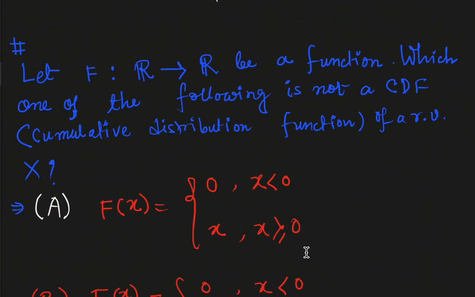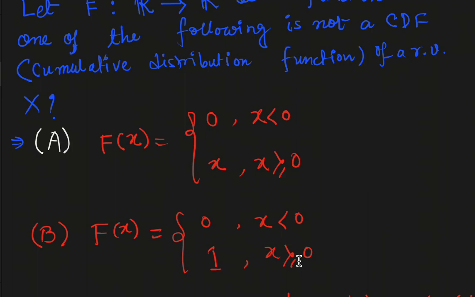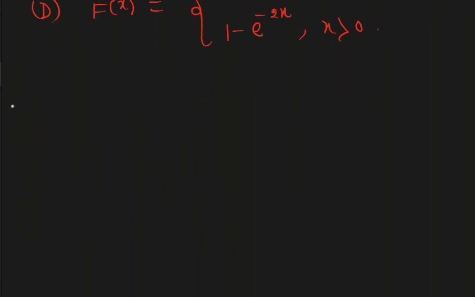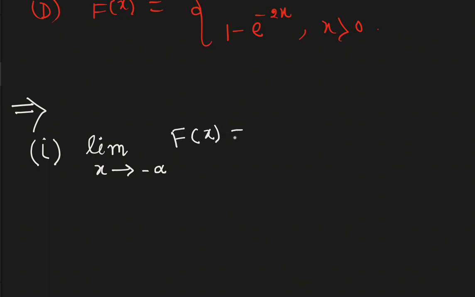So we have to choose the answer which is not a cumulative distribution function, right? So let me first write here what the properties of the cumulative function are. There are 4 properties. First property is the limit as x tends to minus infinity of the cumulative function is 0.